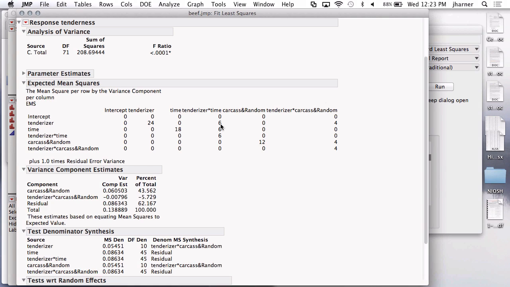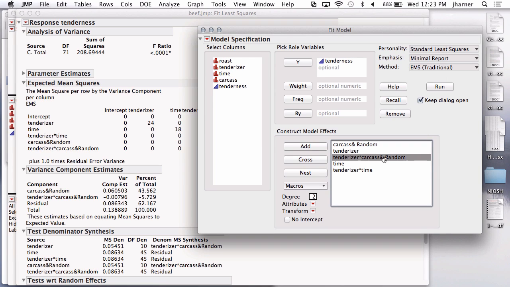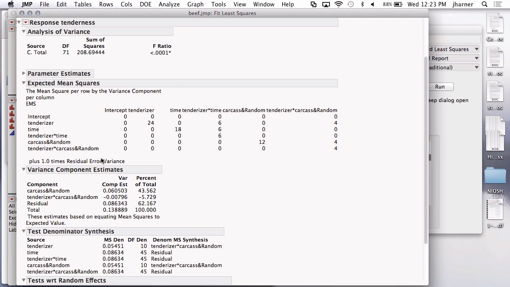And so you might ask, well, let's go down and look at the, oh, wait a minute. Did I set that model up right? Yeah, I did. Tenderizer by carcass. Carcass tenderizer, yeah. Okay.